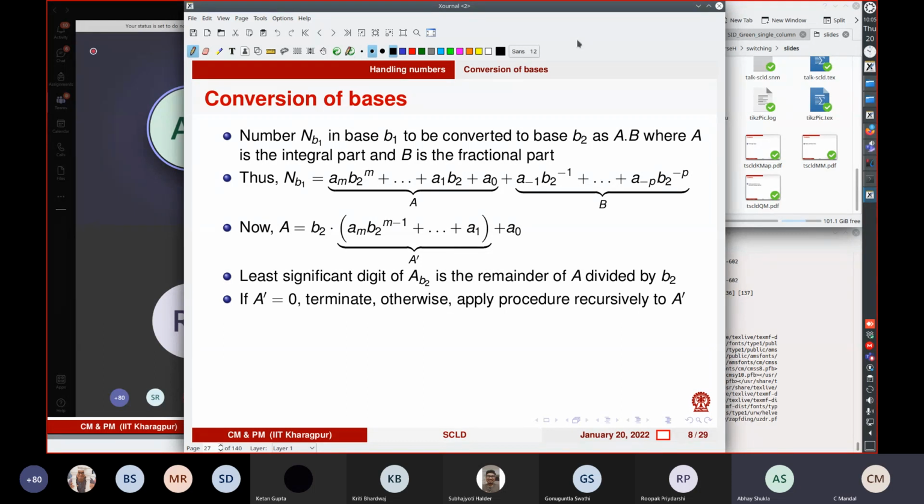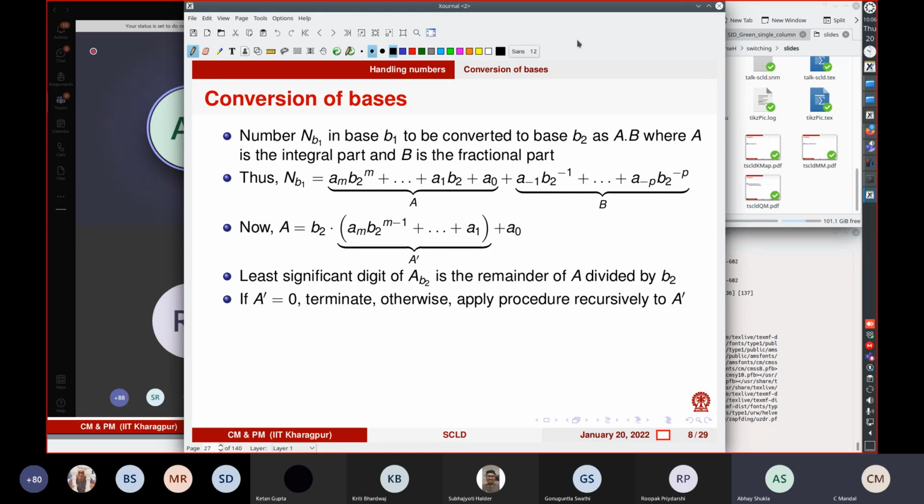It is to be of the form A dot B, where the dot is the separation between the integer part and the fractional part. So N in base B1 you want in base B2, as shown over there. In base B2 its evaluation is shown over there.